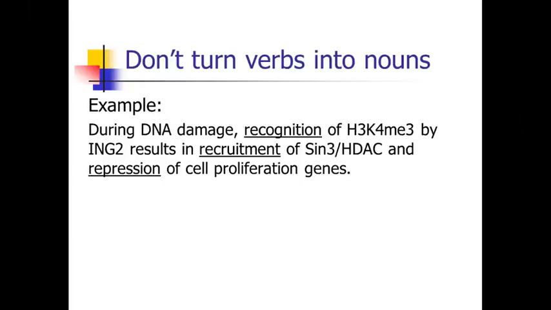If you notice, that first sentence is actually kind of ambiguous. It's a little bit hard to picture exactly what's going on in terms of the biology. It says recognition of this protein by the other protein. So what do you mean exactly by that? What does recognition of two proteins mean? And then it says results in recruitment. Does that mean it's an indirect recruitment? Is there another step in there?